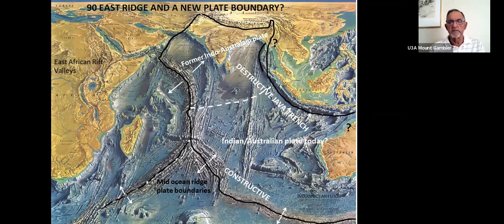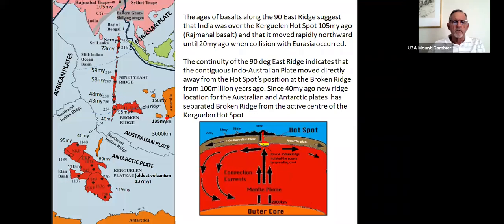And this is one reason we see no crust older than 160, 180 million years, and some of it is preserved near the question mark on the far right of the diagram, but soon to disappear under Java by subduction. Why do we have this 90-degree east ridge? Well, again, it's due to a line of extinct volcanoes.